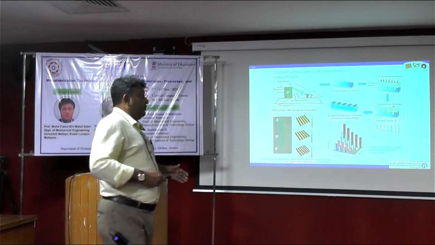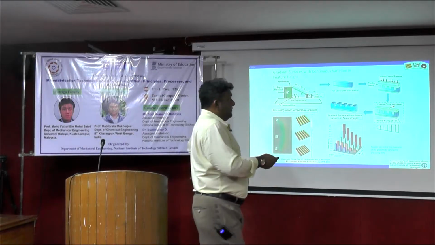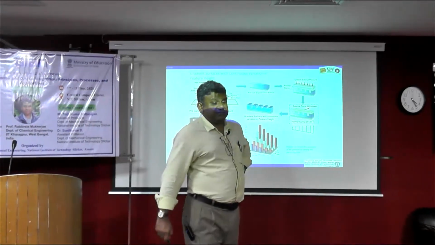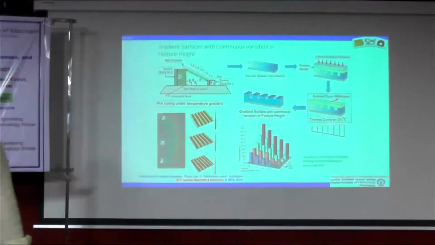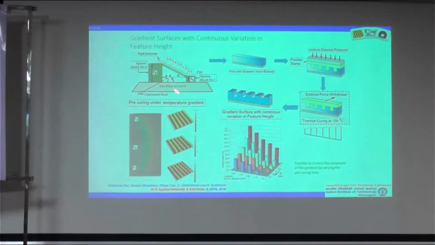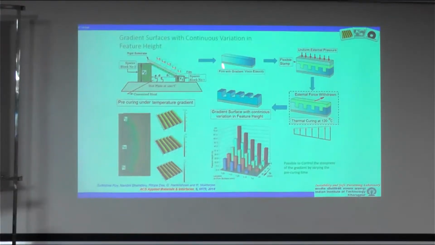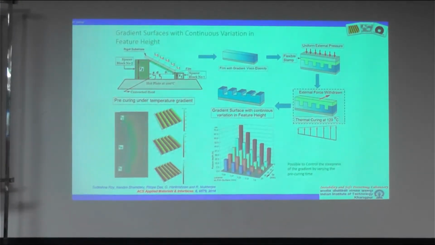Now, if you try to do the same experiment I discussed in the previous slide, that is you take a stamp, apply pressure, deform. What have you created here? You have basically created a film with a progressive viscoelasticity gradient.